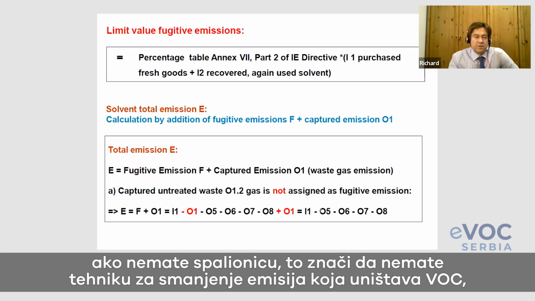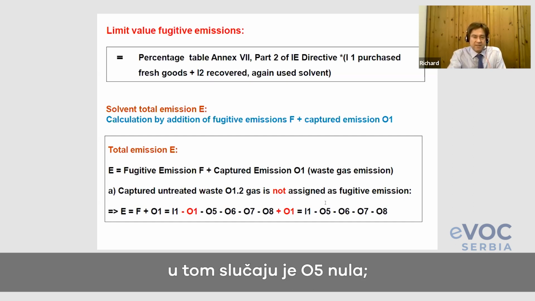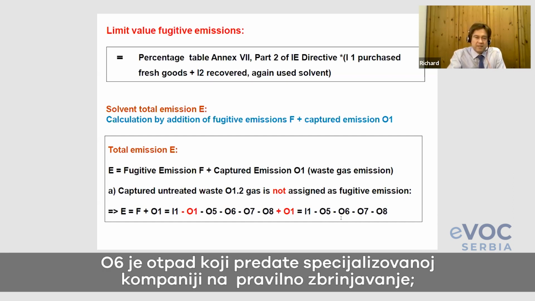If you have no incinerator, that means no abatement technique that destroys VOCs, like, for example, a bioscrubber would probably destroy VOC too, then O5 would be 0. So for all others where you have no destruction, O5 is 0. O6 is the waste that you send to a specific company who can dispose of this waste in a correct way.